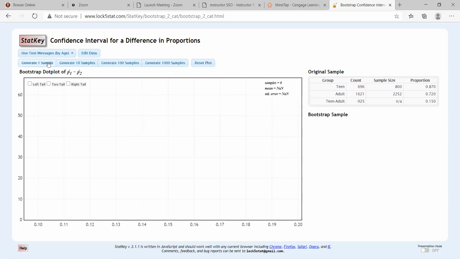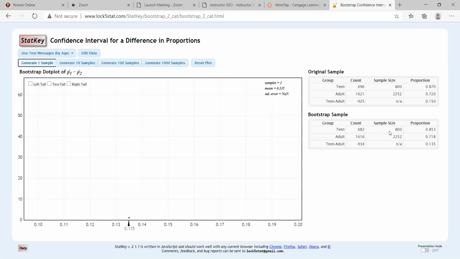So if we created a bootstrap sample, what they do with the bootstrap samples is they take the same sample, they look at each of these teen and adult samples separately, and they do a bootstrap sample from the teen part, and they do a bootstrap sample from the adult part.